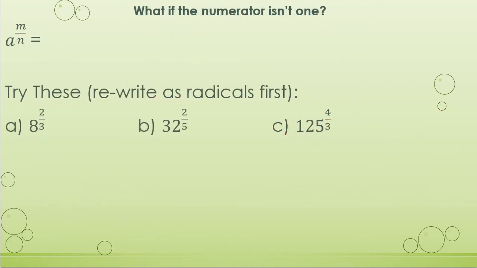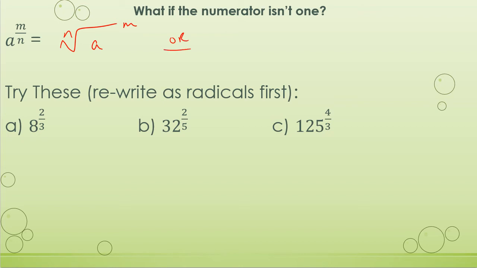So what if the numerator isn't 1? Well, we're still going to use the exact same pattern that we've been using so far. Officially, the denominator goes in the index. So n root, our base a, to the exponent m, whatever the numerator is.